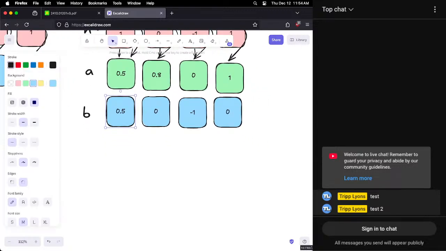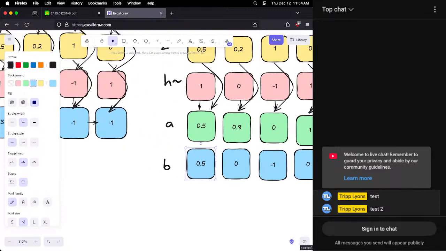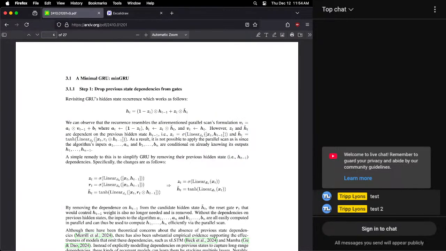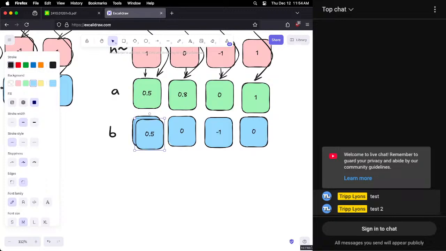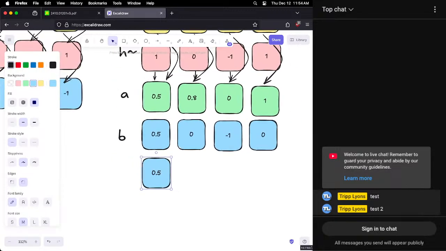So it looks like the B's get the next B, which is this V, and you add A times the previous. Okay, so let's start with this one.